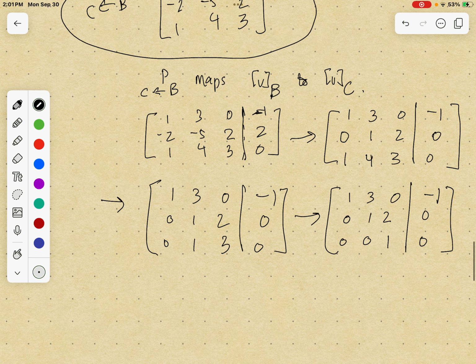Oh wait, this last one isn't correct. This one should be a 1, right? Because it's row 3 minus row 1. So then the last one is 0 minus negative 1, which is 1. So you get this, and then when you subtract, this is also 1.